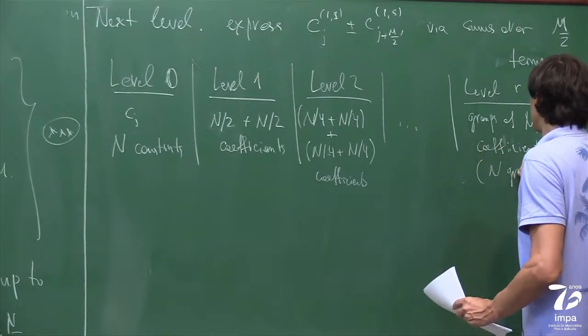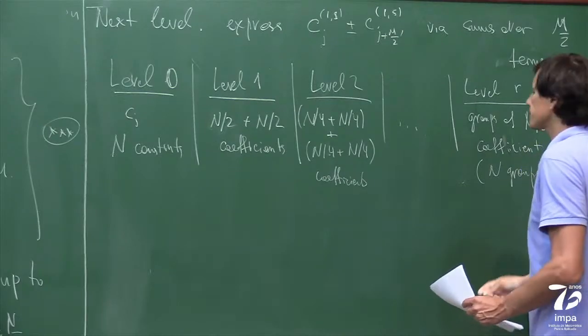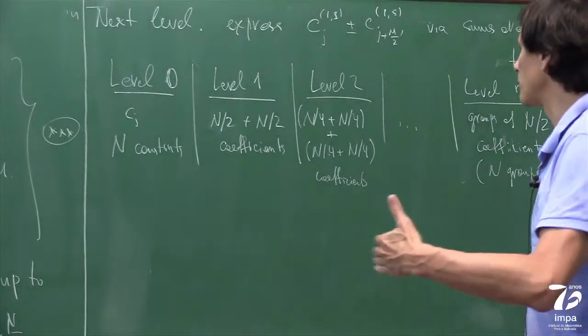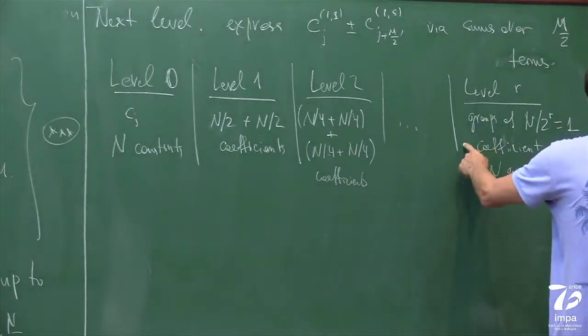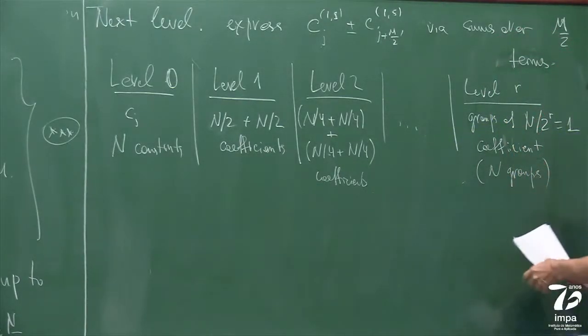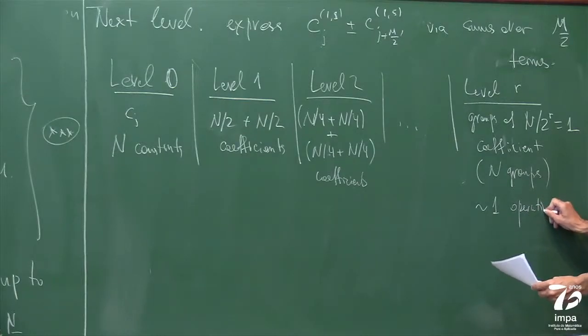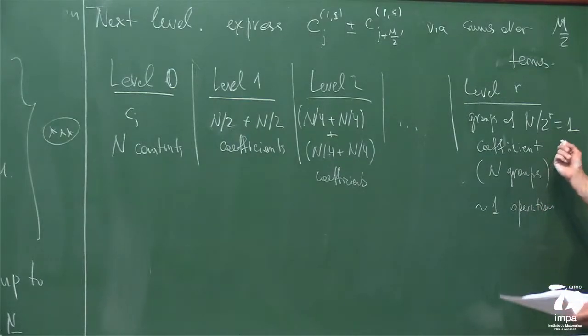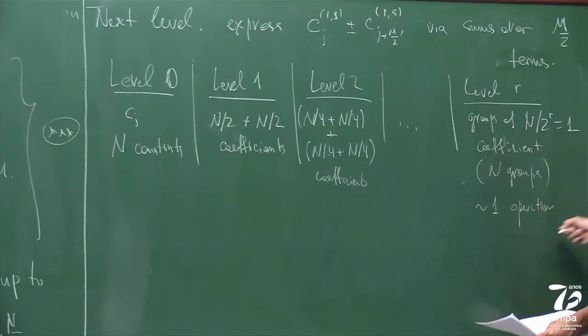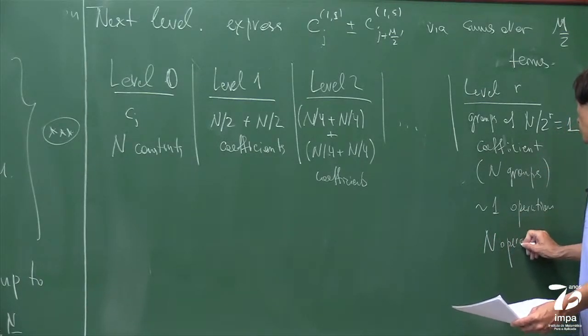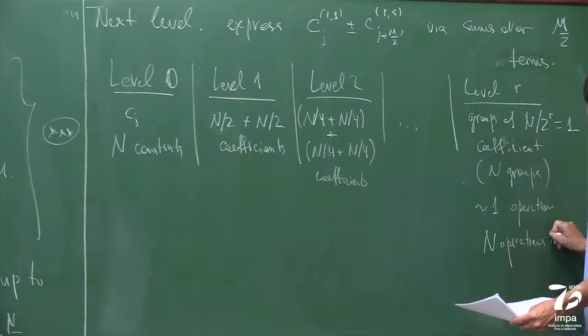N groups. So essentially, when you divide every time by 2 each group, you end up just with 1 number. So it means that order 1 operation for each coefficient, which means that at the last level, we just need n operations in total.